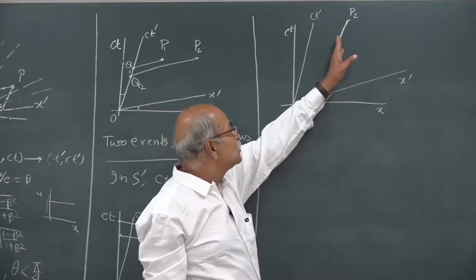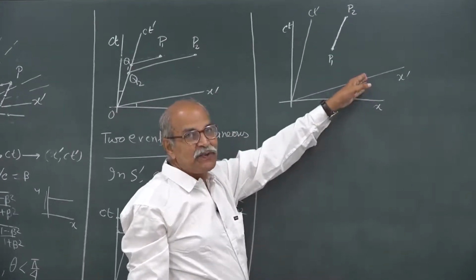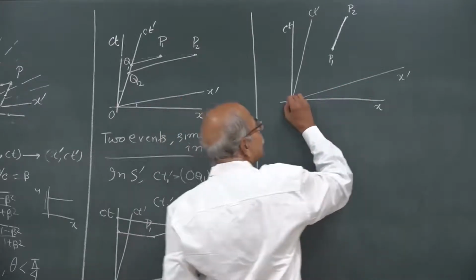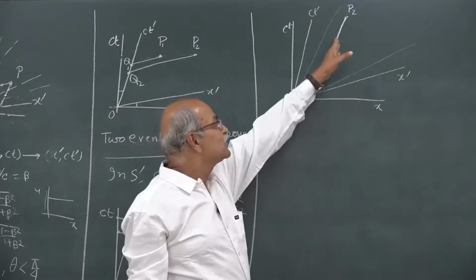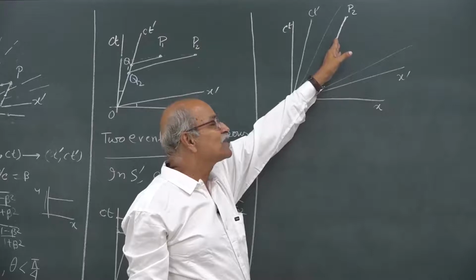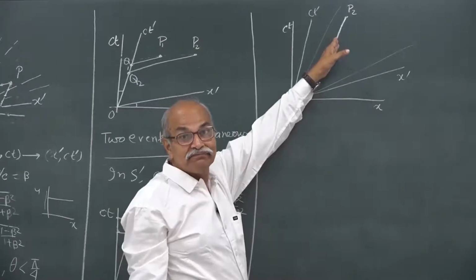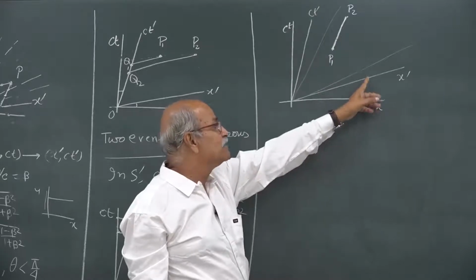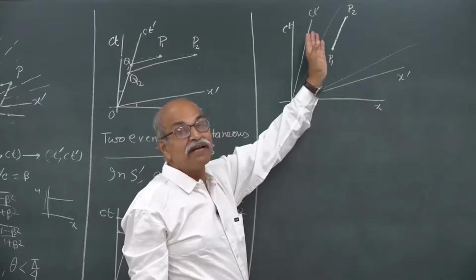And this is not parallel to this line. If you increase the velocity, it will go here and that will go here. Still, this is not parallel to this line, because this slope I have drawn is more than 45 degrees, and for no frame you can have this x prime which makes an angle with x axis which is more than 45 degrees.